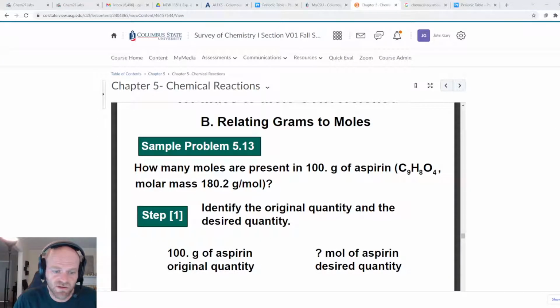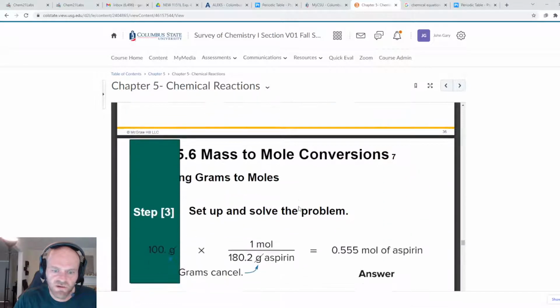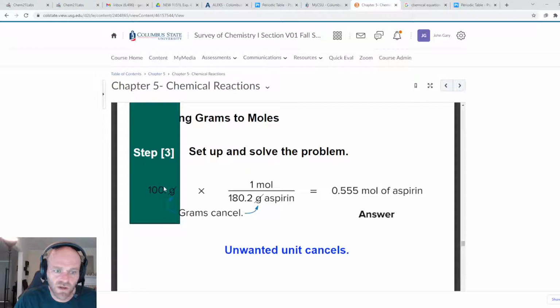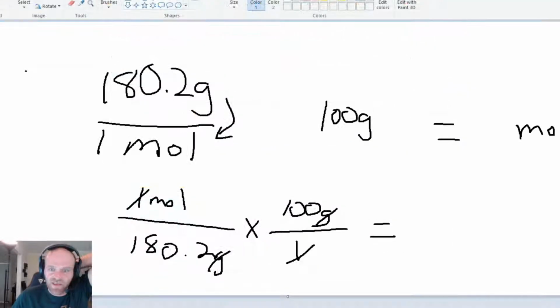I'm sure that the PowerPoint will do it, so let's look. 100 divided by 180.2 is 0.55 moles. Okay? And that's the answer that I was trying to get on the right side, was moles.